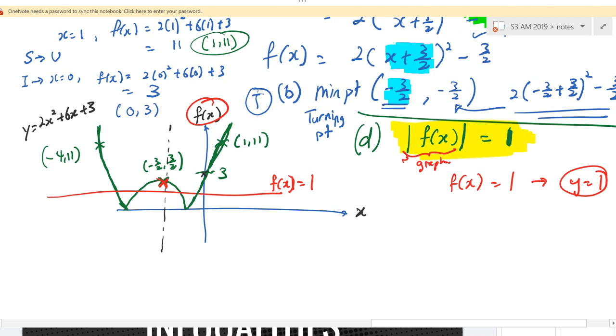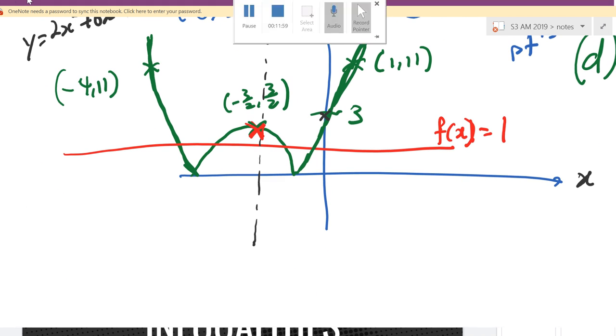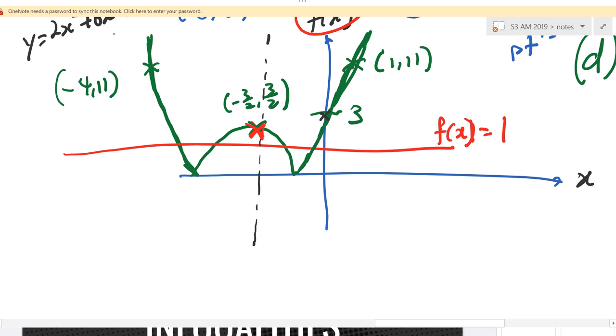Now, do you agree that the graph itself will have four answers? 4 answers, right? So how do I solve? Very simple. I just need to solve 2x squared plus 6x plus 3 is equals to 1, right?